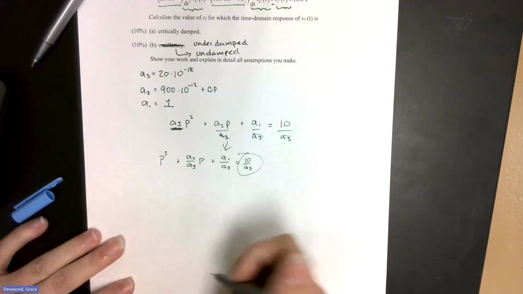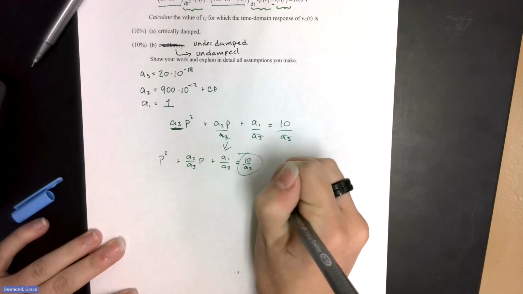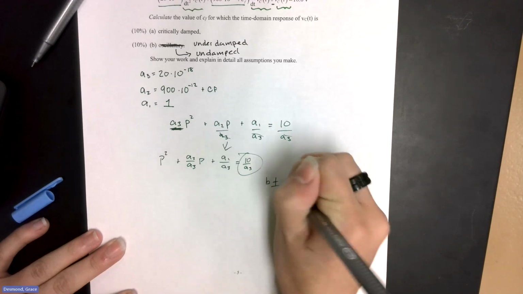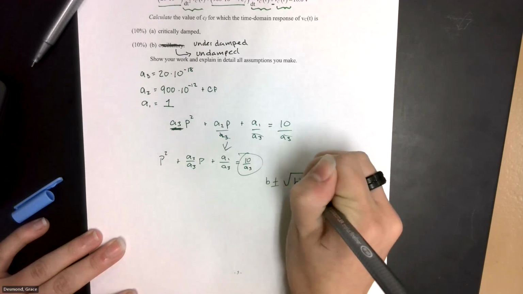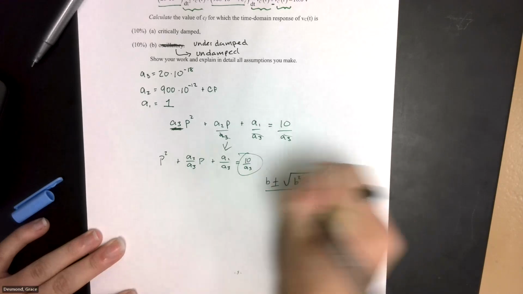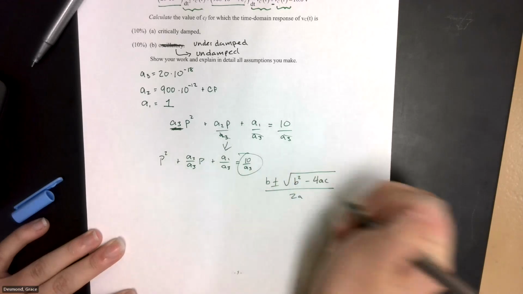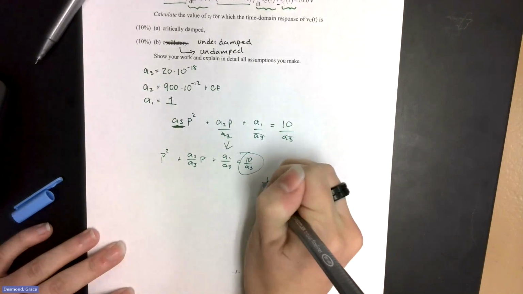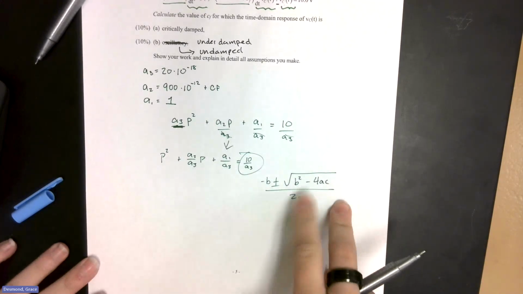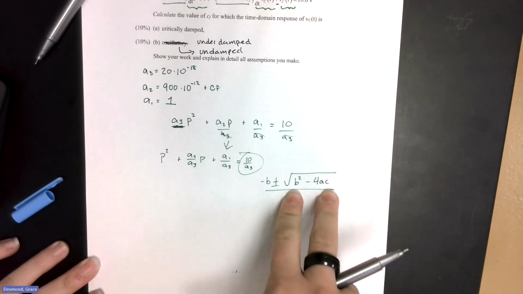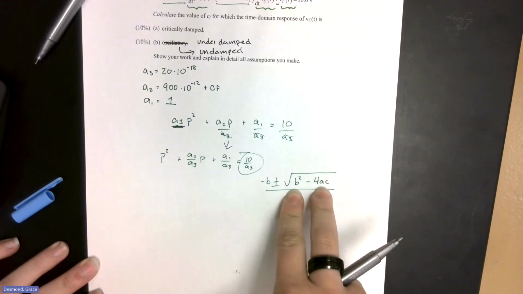So the quadratic formula is negative b plus or minus the square root of b squared minus 4ac, where a is 1. It's negative b, you're right. The nice thing about this is the discriminant, b squared minus 4ac.